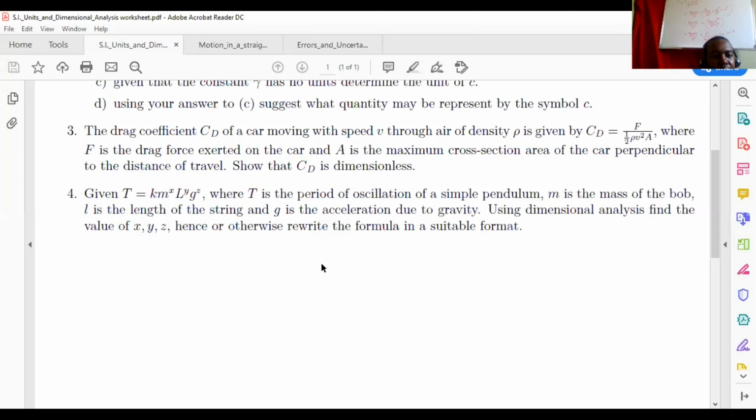Sir, I got an answer, but I don't think it's correct. All right, I'm waiting on you. I got someone else's answer. Someone got x to be 0, y to be a half, and z to be negative a half. That's what you got? No, sir.